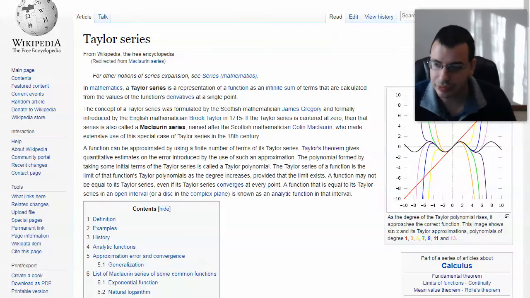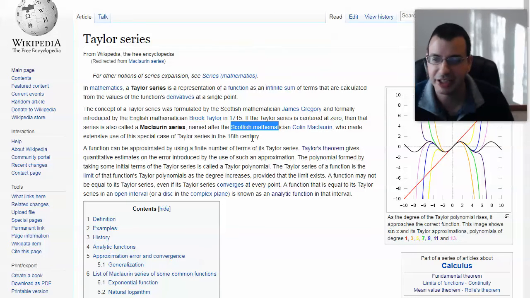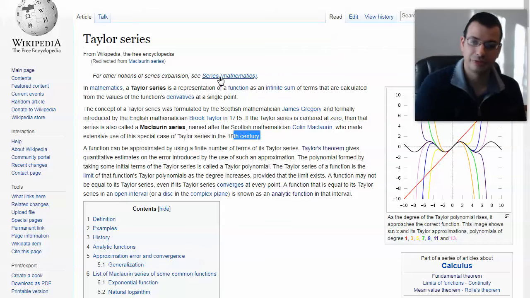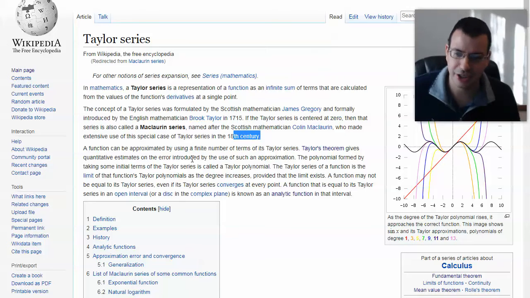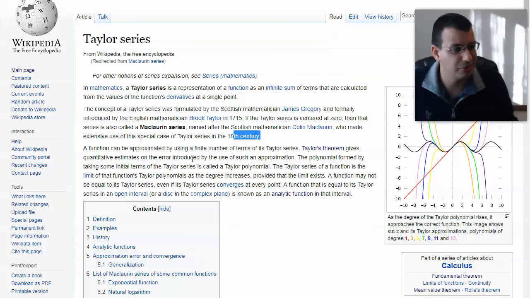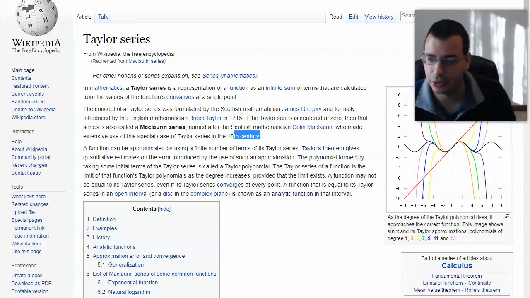Wait one. Okay, so it is the Maclaurin series, named after the Scottish mathematician Colin Maclaurin, who made use of it in the 18th century, so the 1700s. So I wasn't that far off. Granted, I guessed a 300-year span, and generally when you guess a 300-year span, you'll probably be close. And that is where a equals 0.